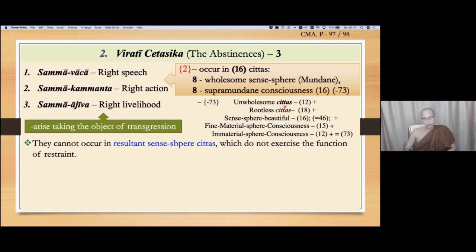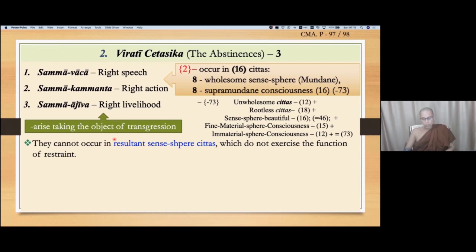So it is clear for the non-beautiful that 2 consciousness are non-beautiful and viridity are beautiful. So they have different nature. We don't need to talk about that. It is very obvious. Then for this sense-sphere beautiful, 16 sense-sphere beautiful, so resultant 8 and functional 8.